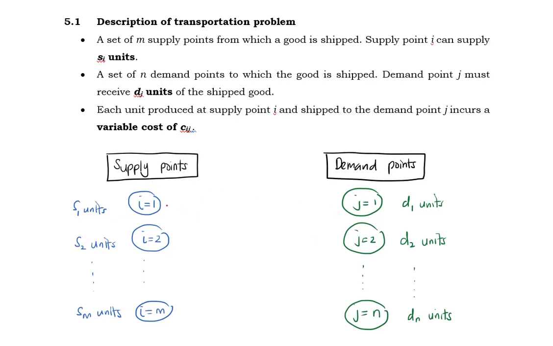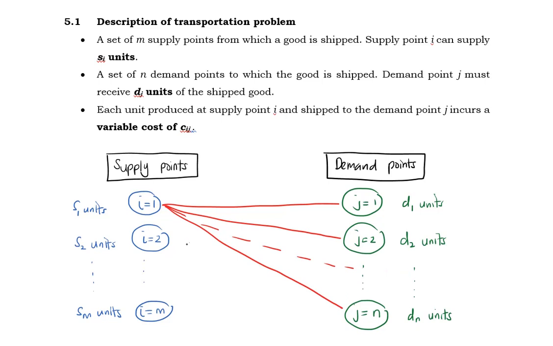So the first supply point delivers goods to the first demand point, to the second demand point, to the next demand point, and also to the n-th demand point.